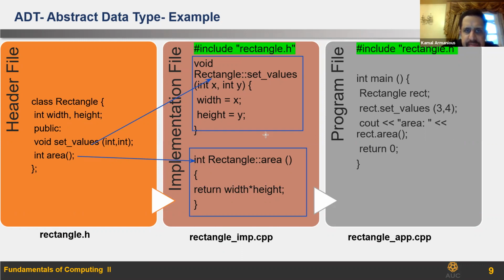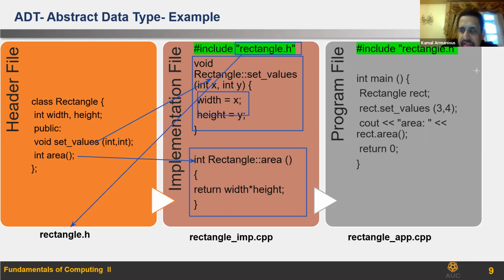What do I mean by implementing? It means providing the C++ code. What do you have to do? You have to include rectangle.h, which is the name of the header file.